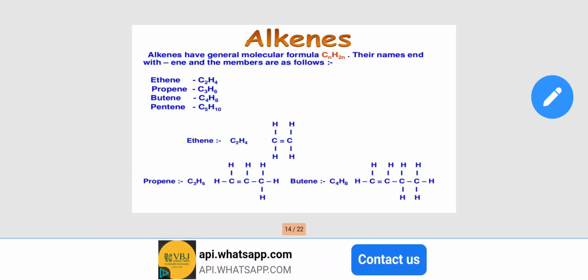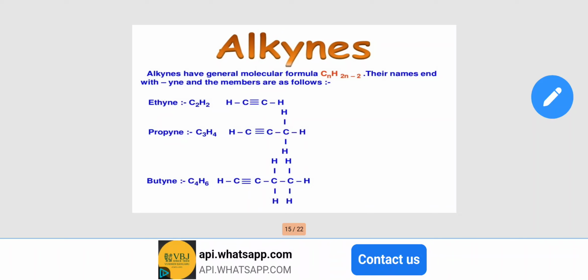Next, alkenes have the general molecular formula CnH2n. Their names end with ENE and the members follow as ethene, propene, butene, pentene also. Okay, you can see here any compound with one or more double bonds is called an alkene.